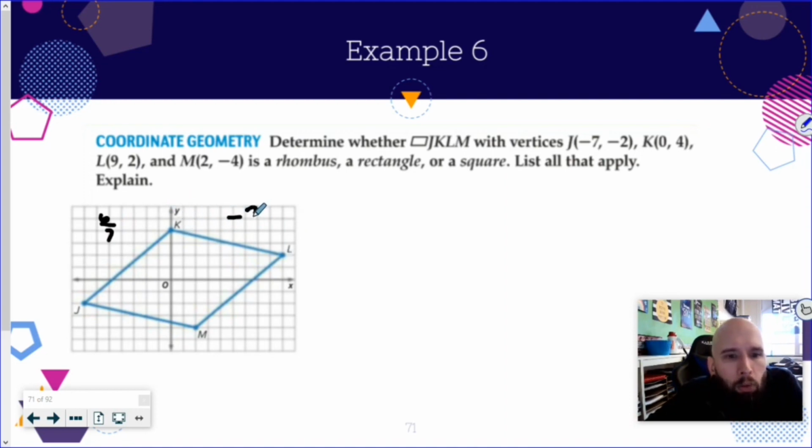So up 2, left 9. My LM is up 1, 2, 3, 4, 5, 6, over 1, 2, 3, 4, 5, 6, 7. So that's 6 over 7 again. And I have a feeling this is going to turn out nicely.